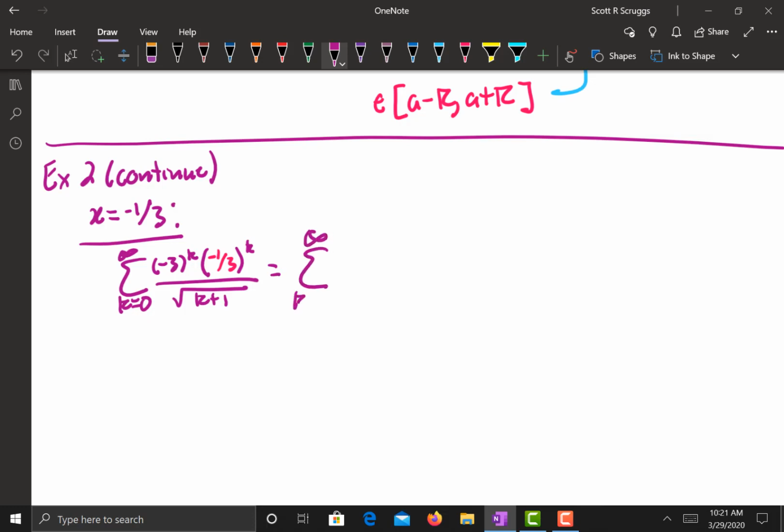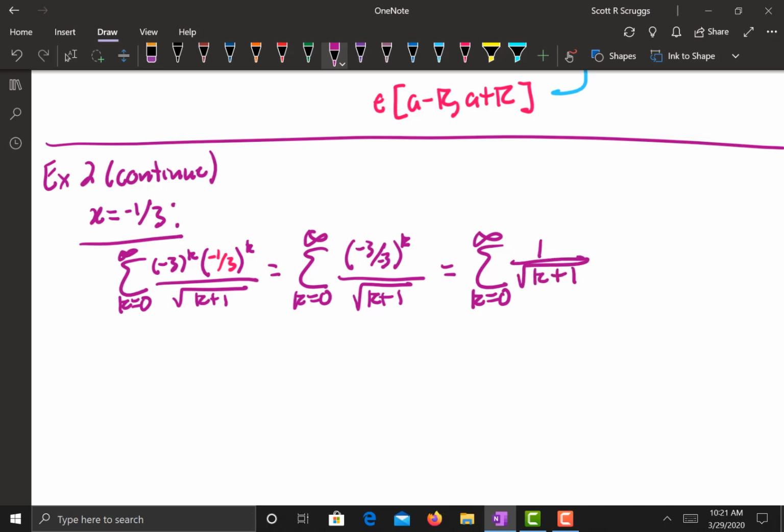So I'm going to use my property of exponents that says I can combine two different things if they have the same power, if they're joined by multiplication or division, my apologies. I note that that simplifies down to just the sum from k equals 0 to infinity of 1 over the square root of k plus 1.